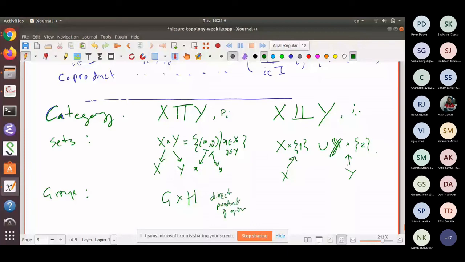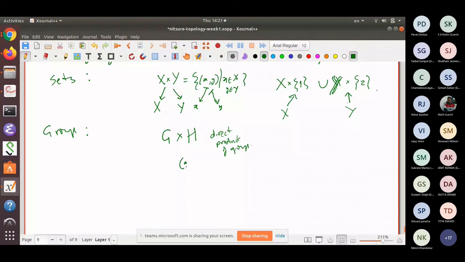Its elements are of the form G comma H. And the multiplication (G, H) times (G prime, H prime) is equal to what? Tell me. (G G prime, H H prime), etc. And the projections send this to G, and that to H. Those are group homomorphisms. Now, what is the coproduct?